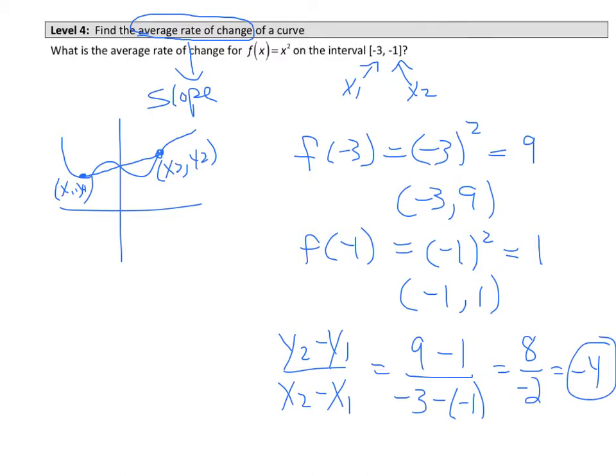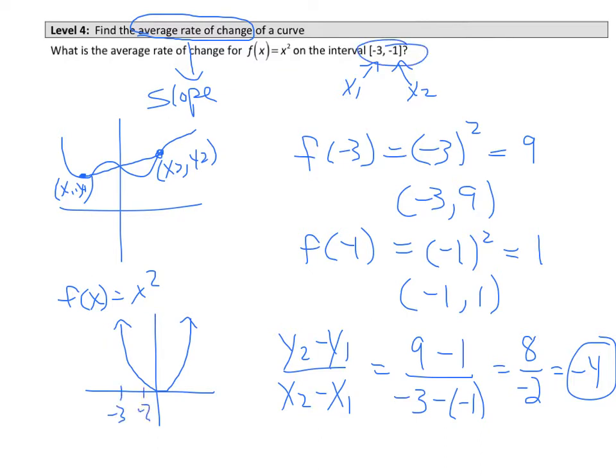And if you think about what this would look like on a graph, the parabola for f of x equals x squared looks like this. And the interval -3 to -1, those are the x values.